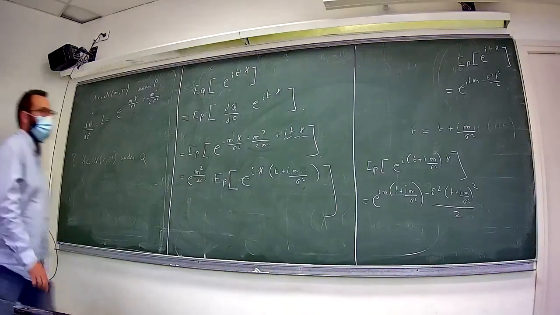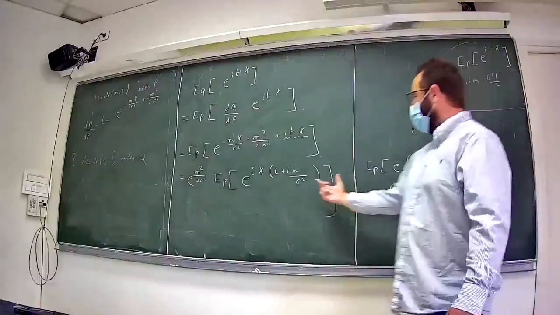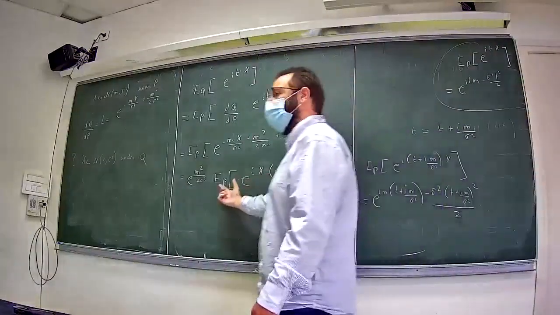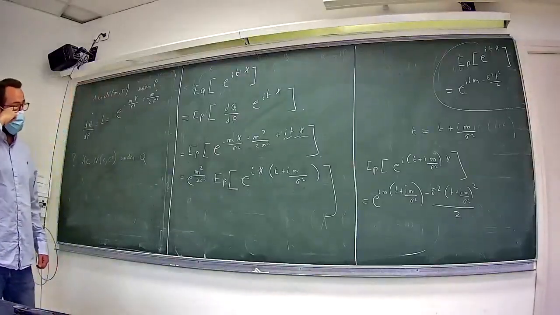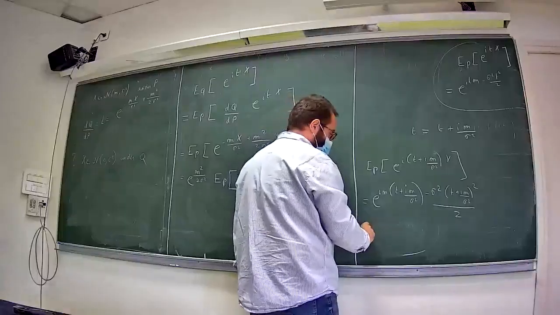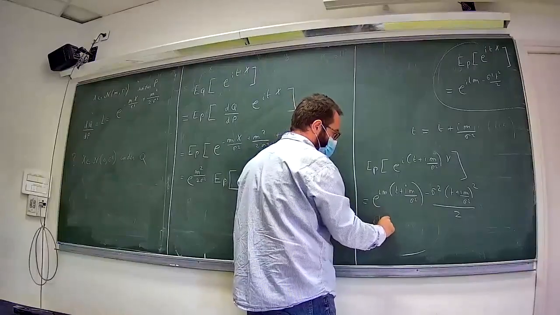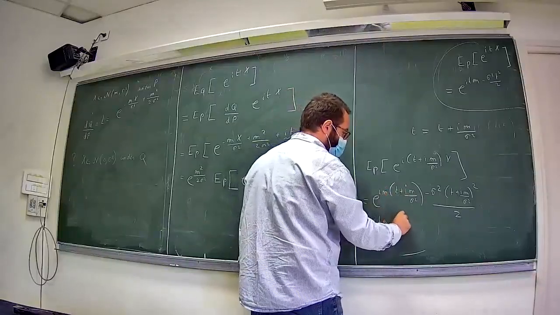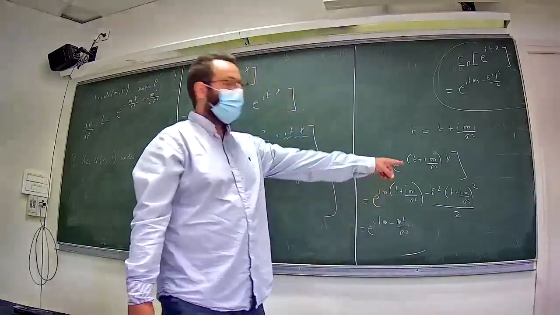I have this expression here, and I make appear what I want, that is this term in the moment generating function of x under P. So I can simplify a little. I have exponential i t n. I have i squared, that is minus m squared over sigma square, and I have to develop the square.